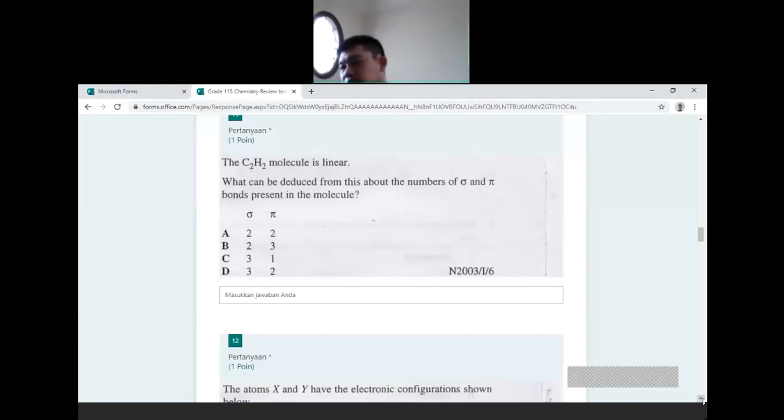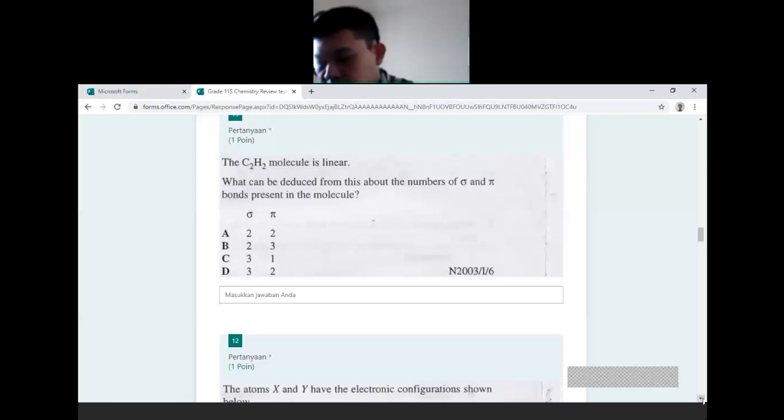Because in this molecule there is a triple covalent bond, and there are 2 other single covalent bonds. So the number of sigma bonds is 3, and there are also 2 pi bonds. So this answer is D.